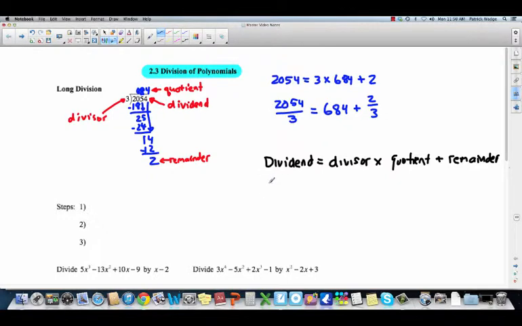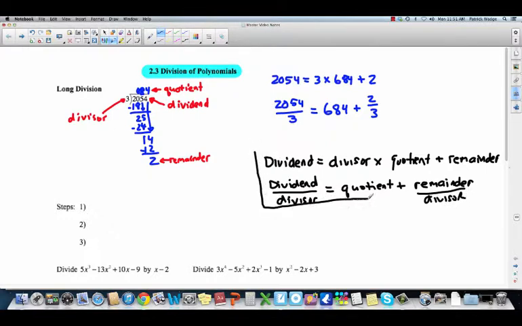The other way you'll be able to write it is that the dividend divided by the divisor, 3, is equal to 684, which is the quotient, plus the remainder divided by the divisor as well. These are the 2 ways that we're going to express our answers.